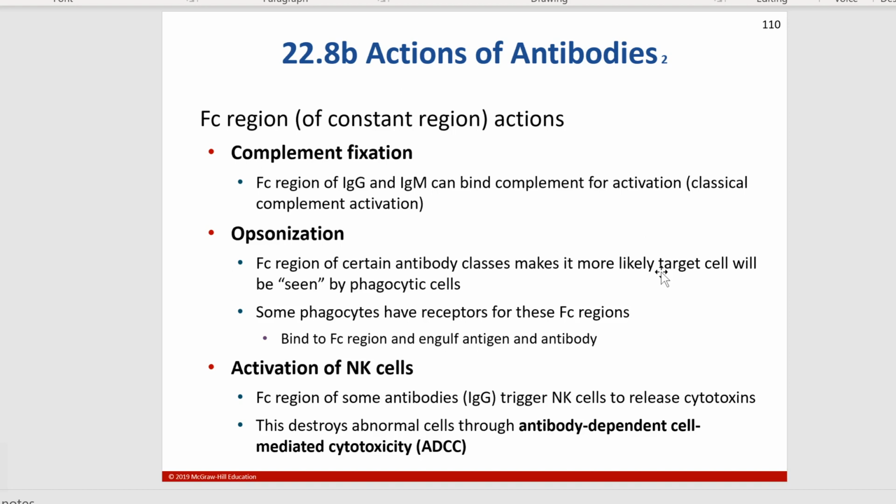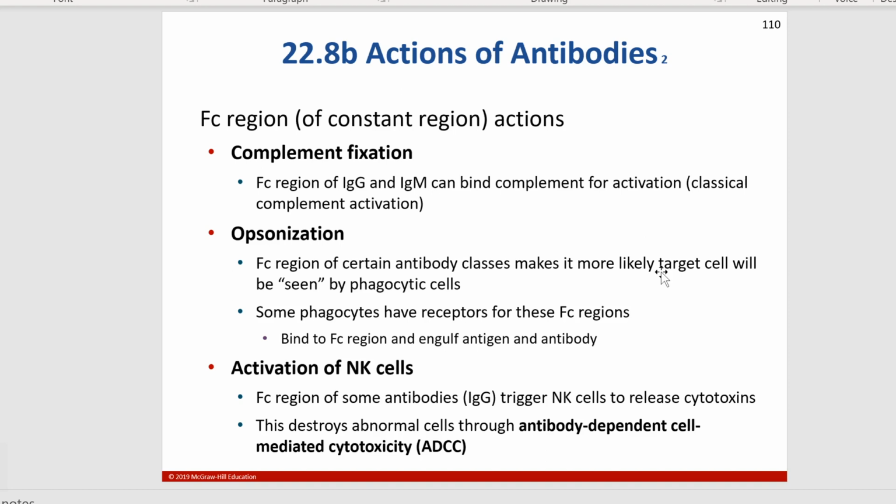They can help complement. A couple of presentations ago, we mentioned complement. Complement is a group of proteins with variable types that go through the blood. They're always in the plasma of the blood, and when activated, they leap to action and do the things that complement does.